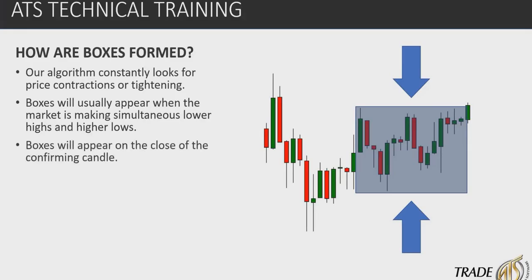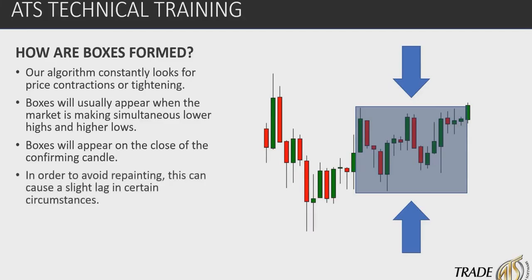Boxes appear on the close of a confirming candle, meaning they're in the algorithm. This is one of those things that does wait till the close of the candle to complete the sequence. So you'll notice a box will only appear at the exact time you're getting a new candle.